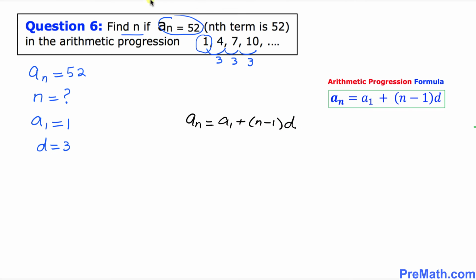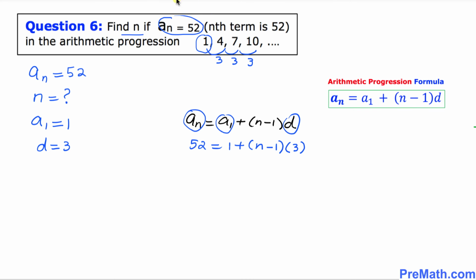Let's fill in the blanks right now. We know a sub n is 52, and we know a sub 1 in our case is simply 1, plus n minus 1. We don't know n, so I'm going to just write it down, and in our case d is positive 3. Let's now simplify and solve for n.